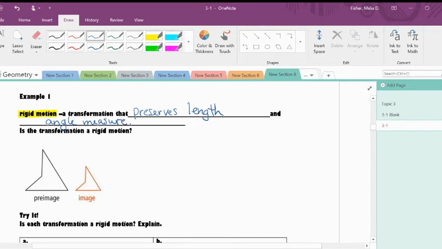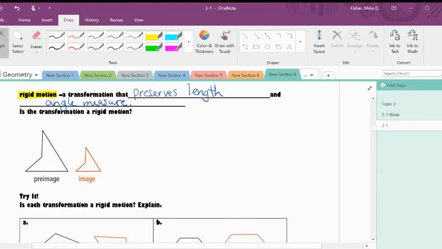So the size, the length, and the angle measures all stay the same. So looking at this transformation here, is this a rigid motion? We have a pre-image and an image.